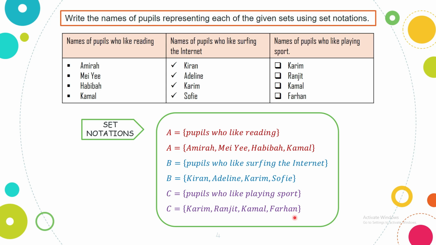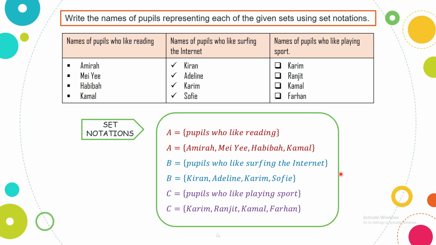For set A, the list of names of pupils who like reading is Amira, Mei, Habibah, Kamal. For set B it is Kiran, Adeline, Karim, Sophie. And the last one is set C: Karim, Ranjit, Kamal, Farhan.